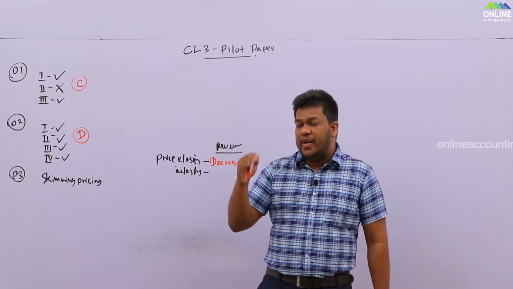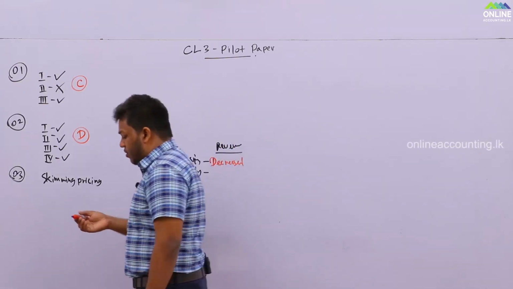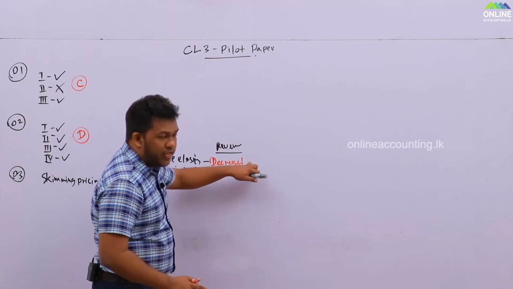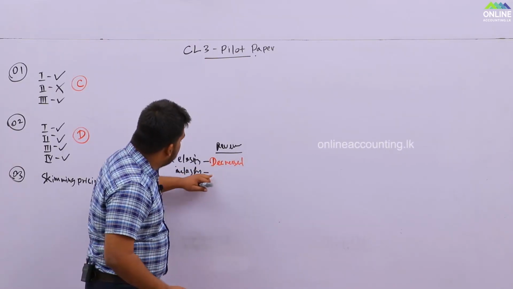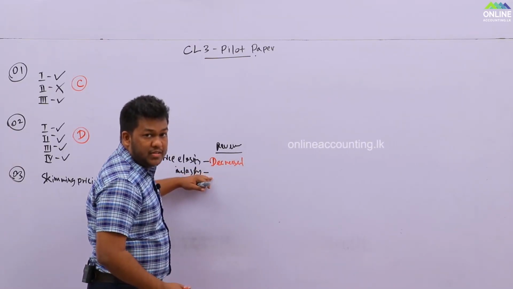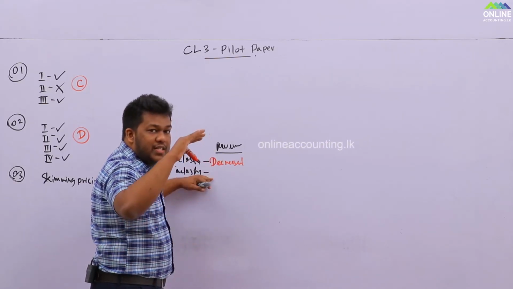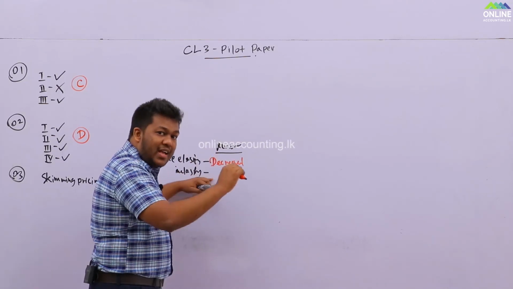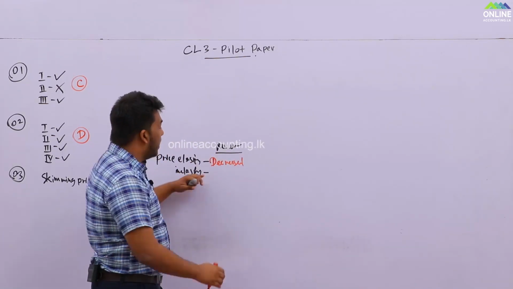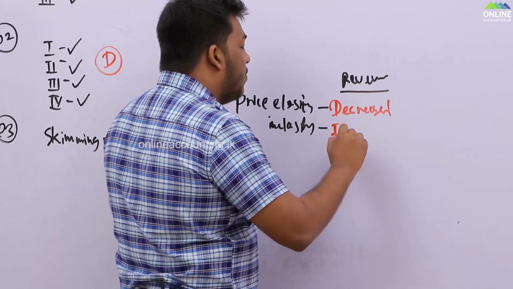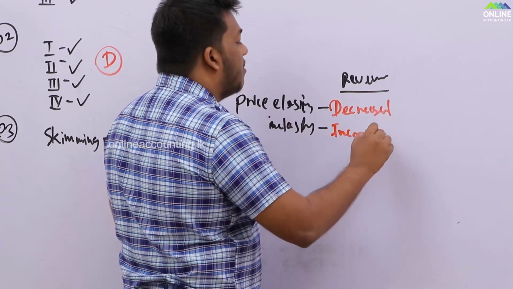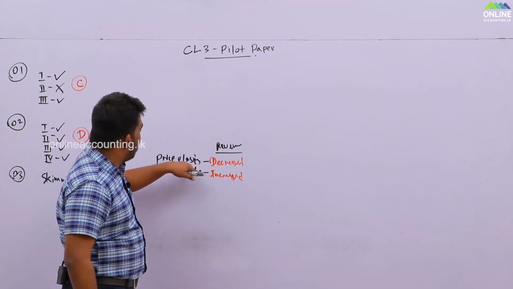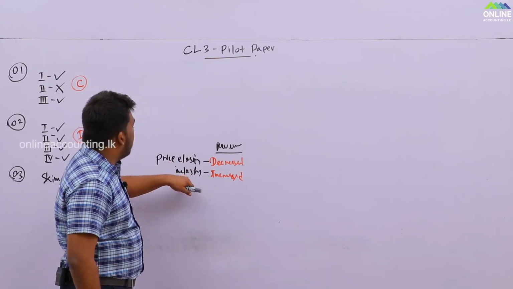So when the elasticity figure is less than 1, it is inelastic, and here it is more than 1. When inelasticity happens and you increase the price, quantity will not decrease as much as the price increment. In that case, your revenue will be increased. So your revenue will be decreased by elasticity, increased by inelasticity.